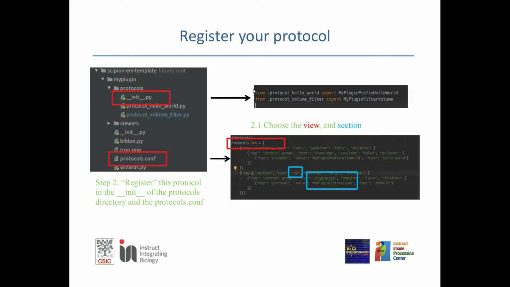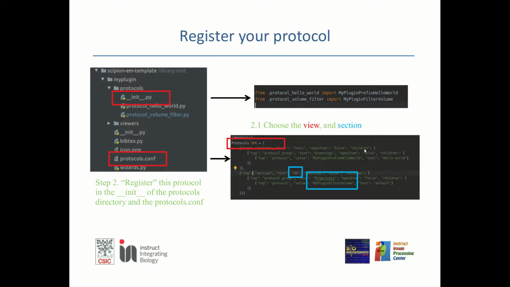So this init.py, what it has is a link. It is an import to every protocol that exists under the plugin. So if you create the file but you don't register it, then you will not be able to access the plugin from Scipion. Okay, so and this is just from this file import my class.